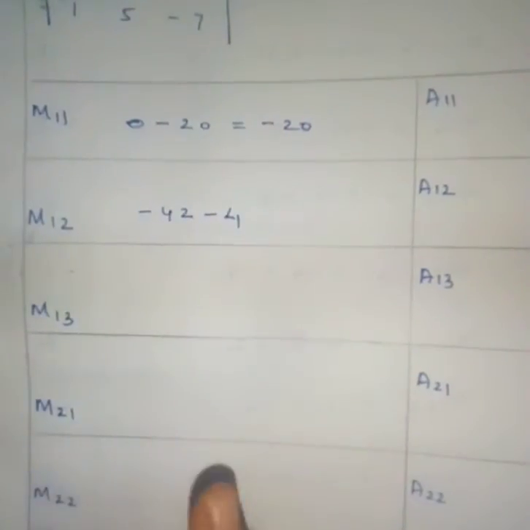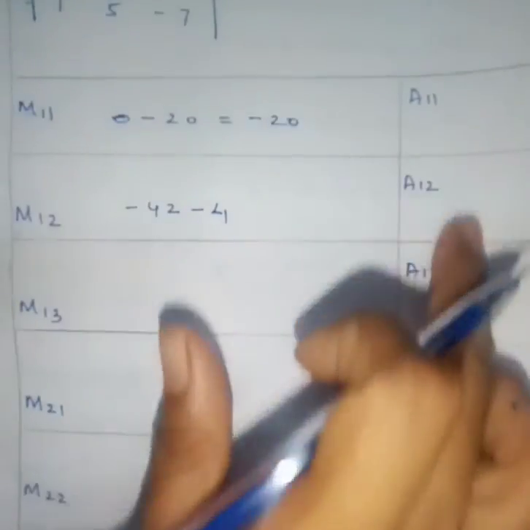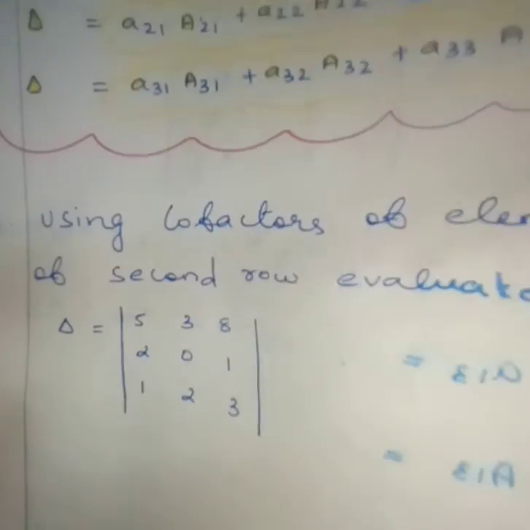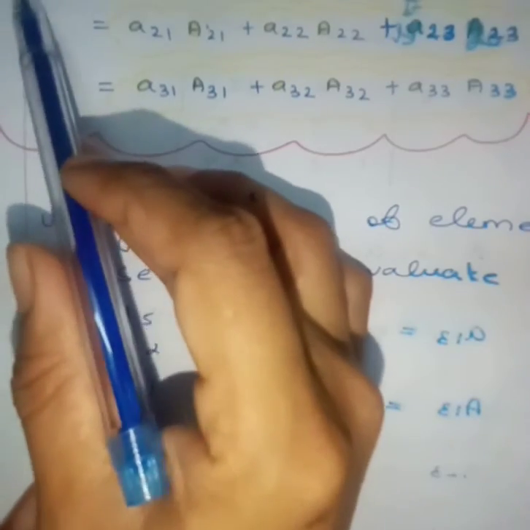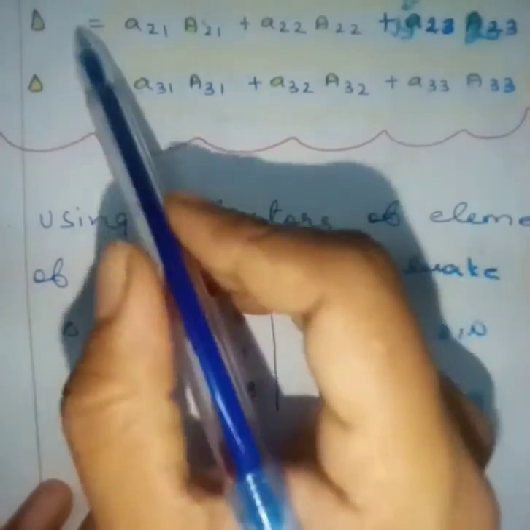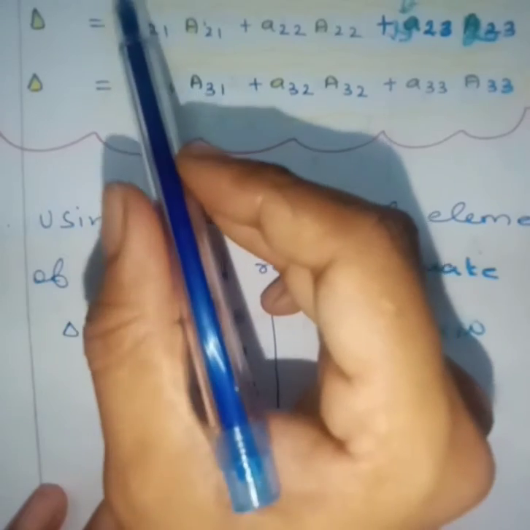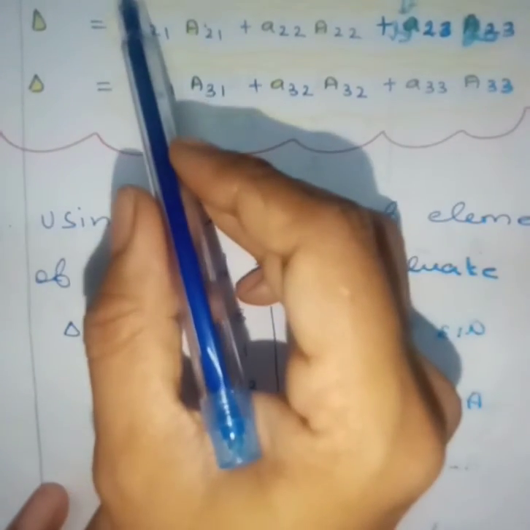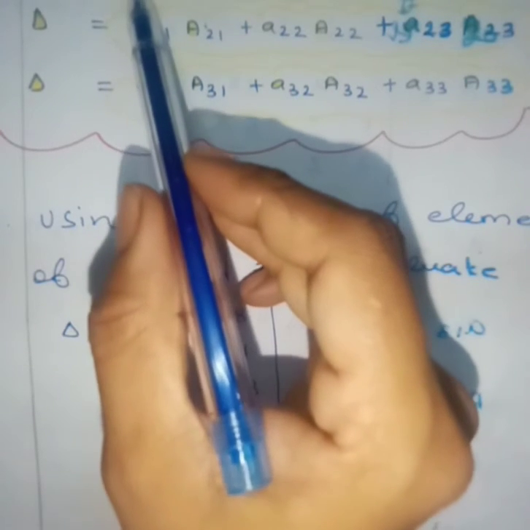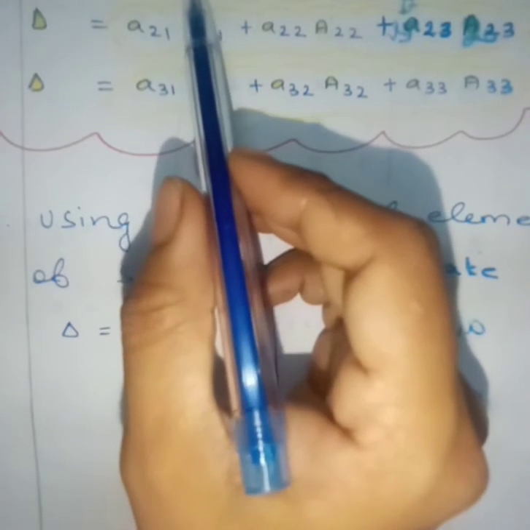The same way, you find the minor and then you find the cofactor. And you have the last condition here. What is the area? That is, what is the triangle? A formula will be A11, A11. This small a indicates the element. Okay, A11 indicates the cofactor.